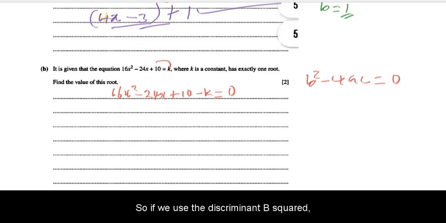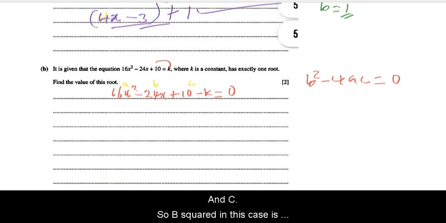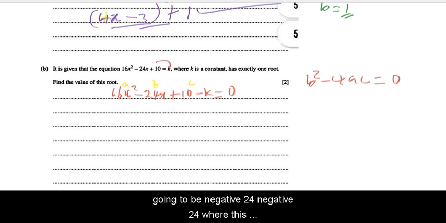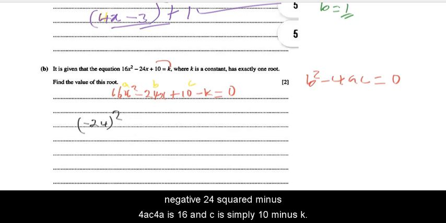So if we use the discriminant b squared minus 4ac, this is a, b, and c. So b squared in this case is negative 24 squared, minus 4ac. 4a is 16 and c is simply 10 minus k.